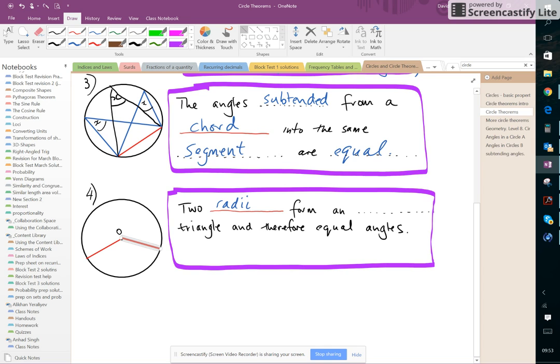So 2 radii form an, so I'm then going to draw my straight line here. What sort of triangle is that? Well, that is an isosceles triangle because these 2 angles are the same. And that's what this says. 2 radii form an isosceles triangle and therefore equal angles. Sometimes in questions you might see lines written like that, indicating that they're the same length. And they are the same length because they are radii.